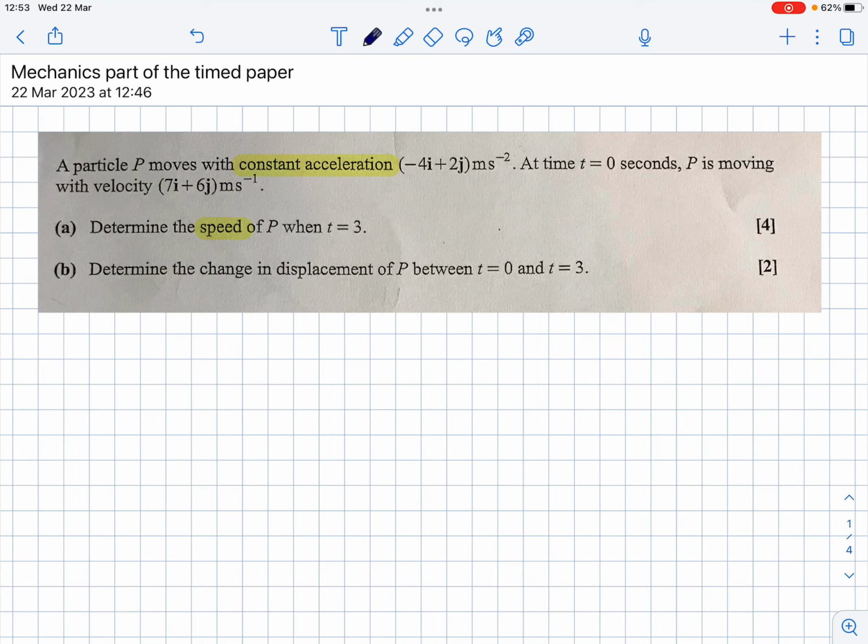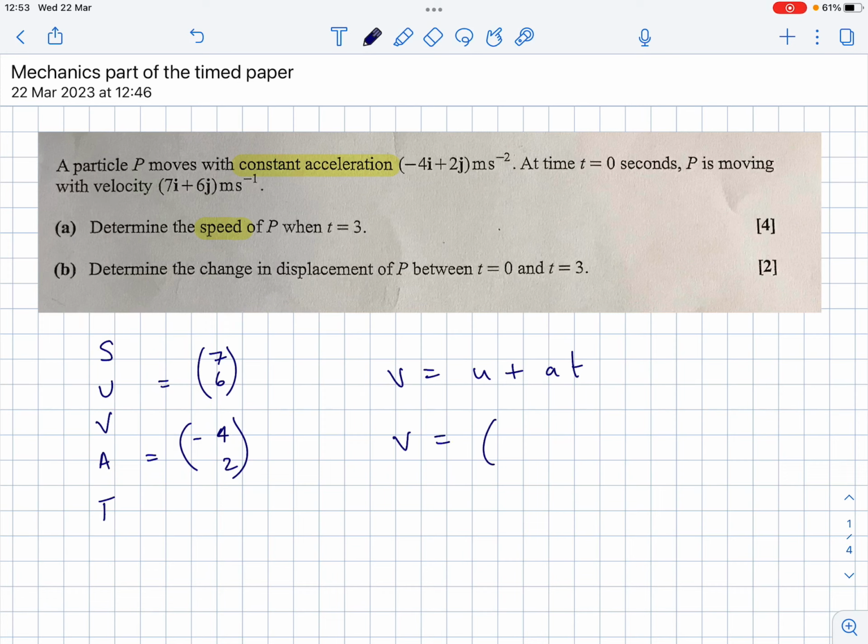So, first of all, set up my SUVAT, and I'm told that the acceleration is (-4, 2), and at time equals 0, so that is the initial velocity, I've got (7, 6). I want to find the speed, so I'm going to use this first to find the velocity.